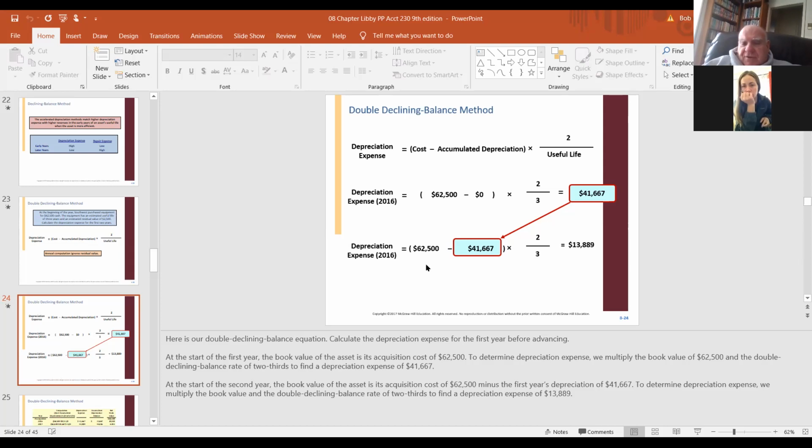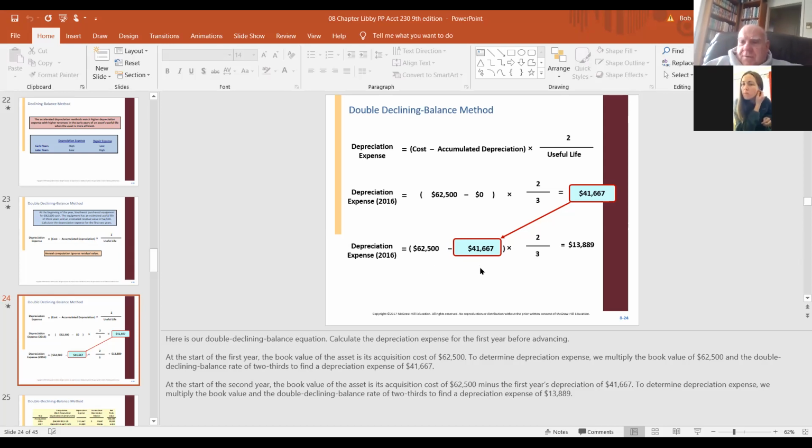62,500 is the amount we're going to work with here. In this method, you don't subtract the salvage value. A little bit of an outlier there, okay? So 2/3 times 62.5 gives you a whopping $41,667 worth of depreciation in the first year.